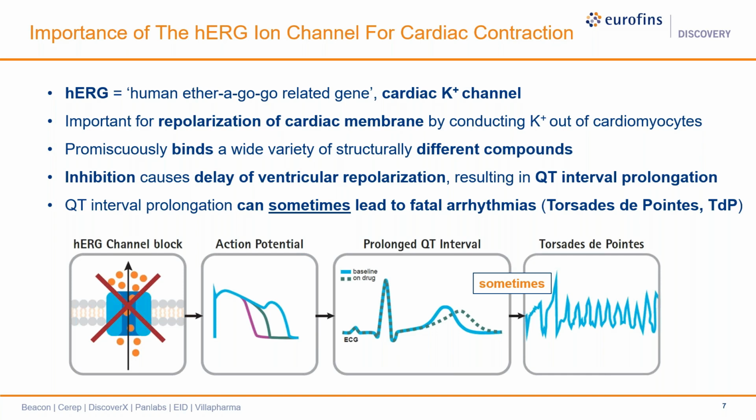And why it has been important for cardiac safety evaluation is because it is known that the hERG channel promiscuously binds a wide variety of structurally different compounds, and its inhibition causes the delay of ventricular repolarization, and this results in QT interval prolongation. And what is important to remember is that QT interval prolongation can, under certain circumstances, lead to fatal arrhythmias, such as TDP.